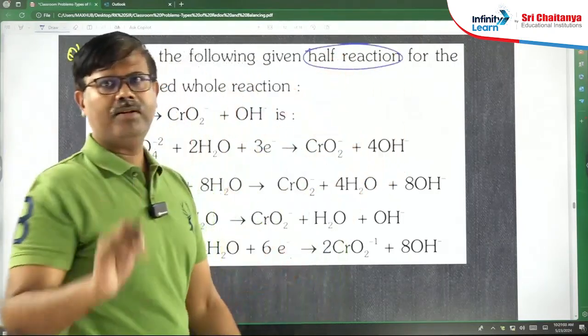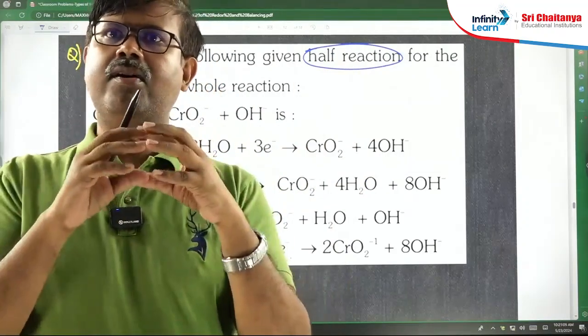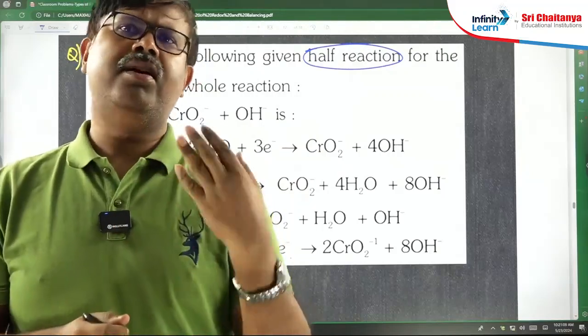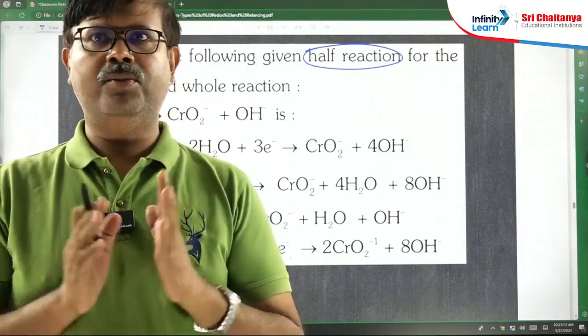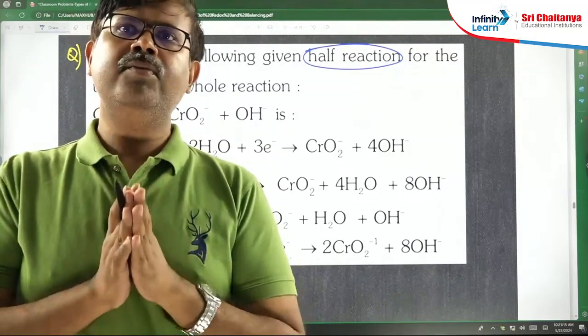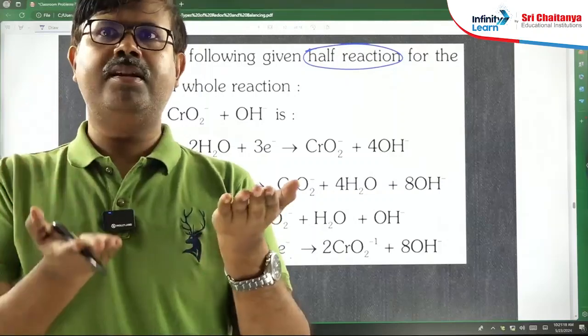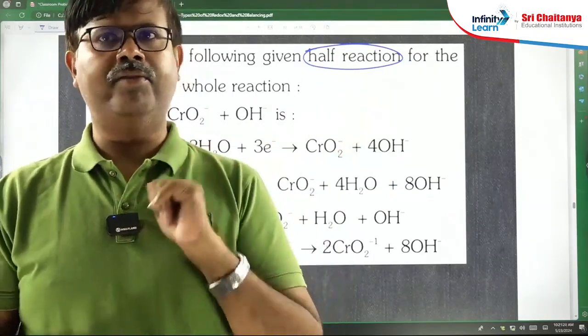A half reaction means it is not a complete reaction. Oxidation and reduction are not both involved; either oxidation or reduction only is involved in this equation. Then we call it a half reaction. If both oxidation and reduction are involved, we call it a full chemical reaction, but this is only half.